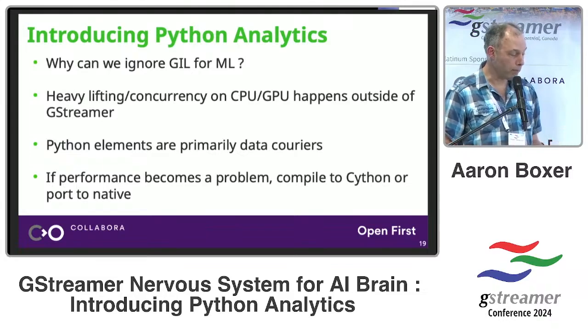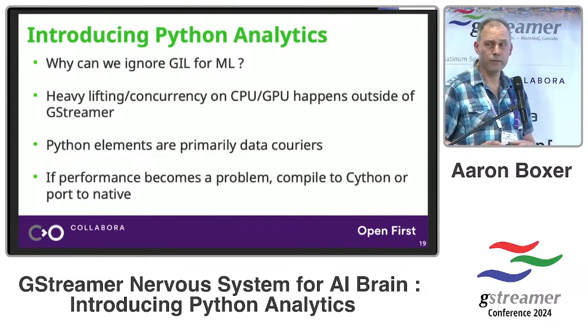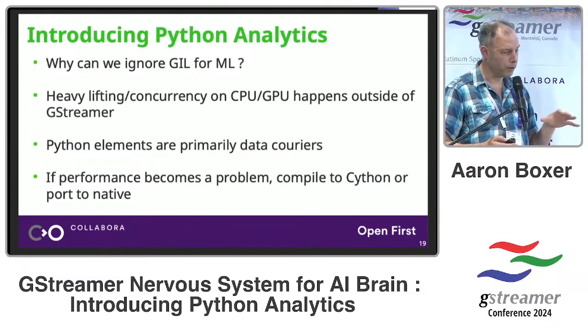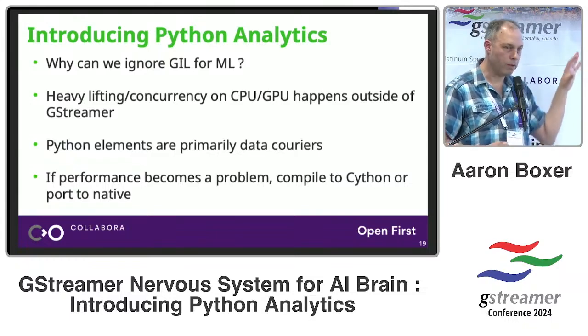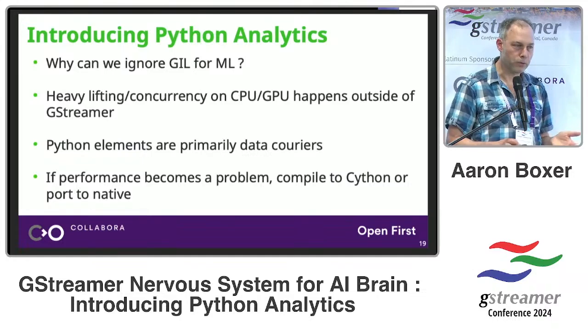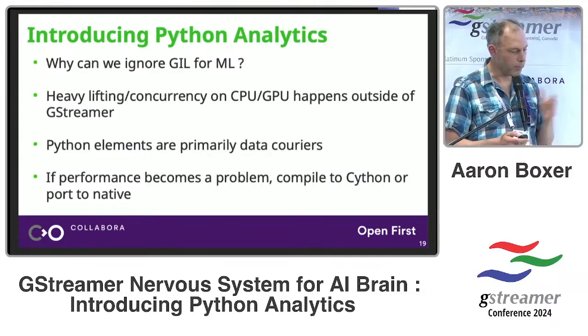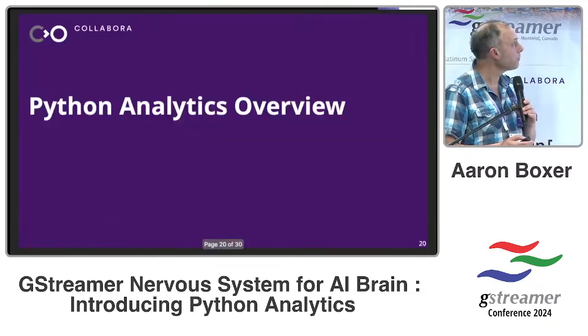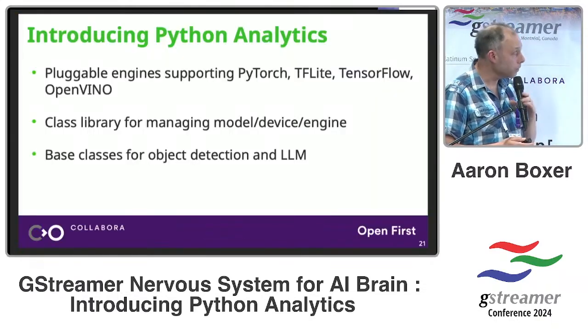We want to avoid that because it's very labor intensive, because you have to find all the analogs to all the machine learning libraries. You'd have to find analogs in the C world or in the Rust world, and that's a lot of work. So we prefer to stay within Python, but that is an option. And I'm going to give you a little overview of how it all works.